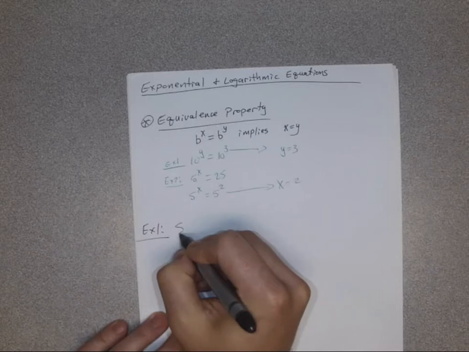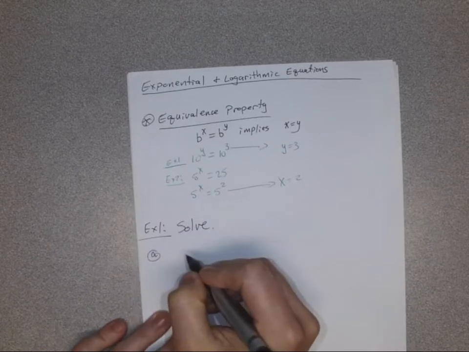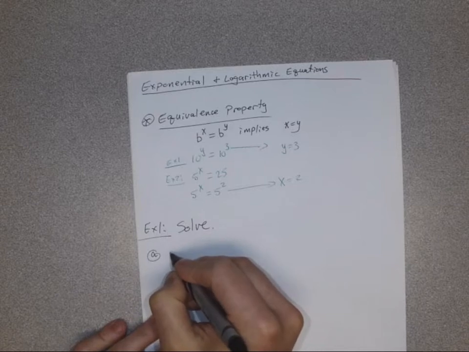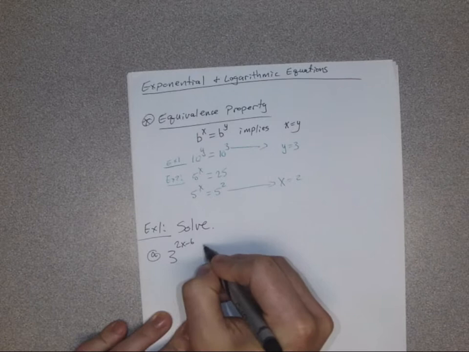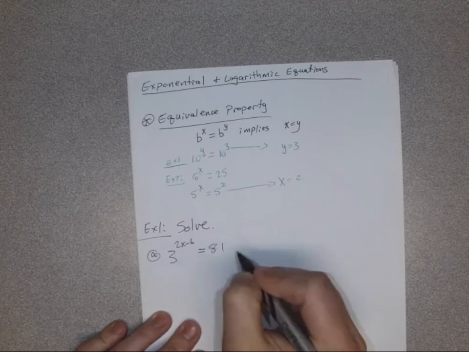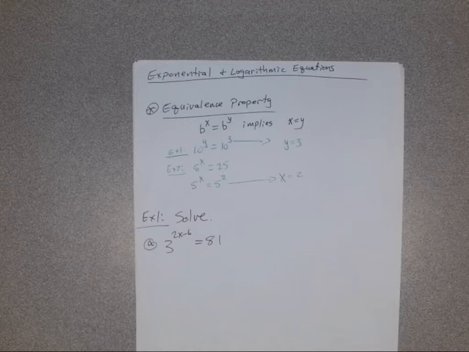Solve. Here's part A. We have 3 raised to the 2x minus 6 power is equal to 81. Through all these examples, we're combining everything that we've learned from the previous sections.